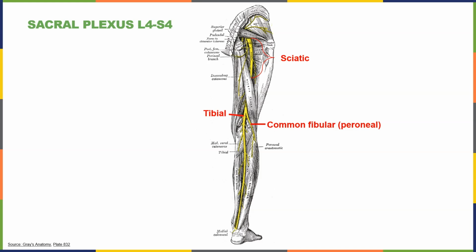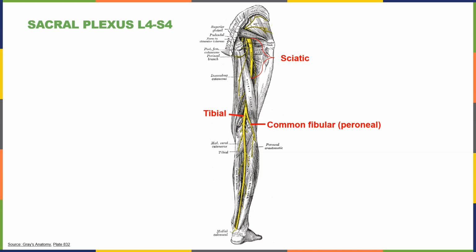The tibial nerve travels down through the popliteal space into the sural region to excite the plantar flexors like the gastrocnemius and soleus, and the flexor digitorum longus, flexor hallucis longus. Then the common fibular nerve is going to curve around to the anterior of the leg and then branch to form a superficial and deep branch.